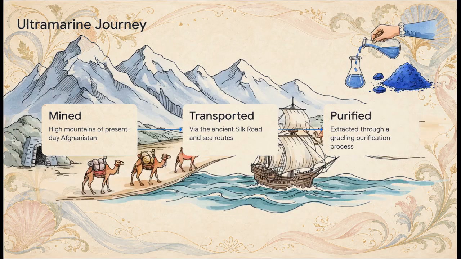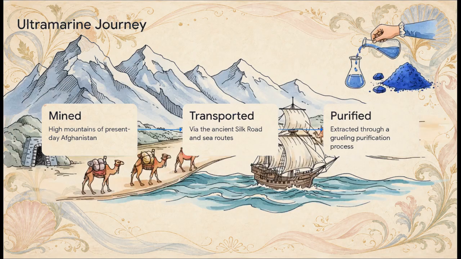And its journey to Vermeer's palette is just staggering. First, it had to be mined high up in the mountains of present-day Afghanistan. Then it was transported all the way across the ancient Silk Road and various sea routes, just to reach 17th century Europe. And after all that, the rock had to go through this grueling, super time-consuming purification process just to extract the pure blue pigment.